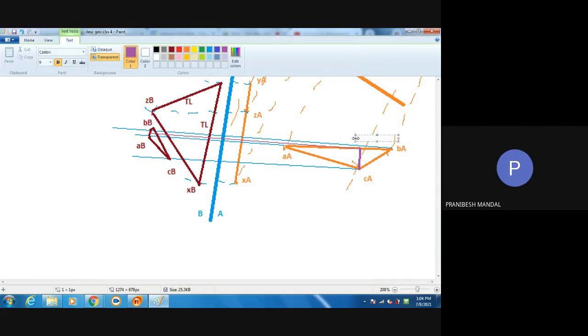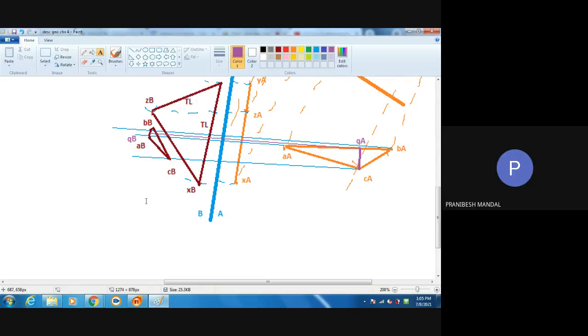So this is your QA and this is your QB, right? Yes, sir. There is no space to write QB, so I will write it a bit farther away. Anyway, you have to know that between AB and BB there is QB, okay?